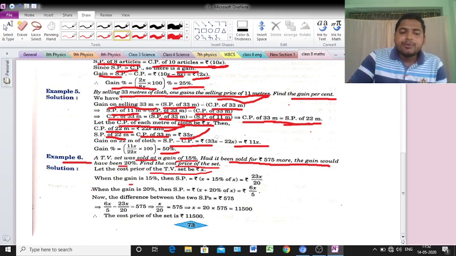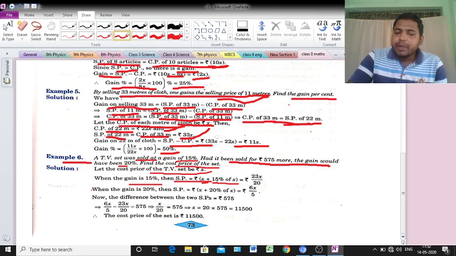When the gain is 15%, SP equals rupees x plus 15% of x. Why is x written here? Because x is CP. That is SP.